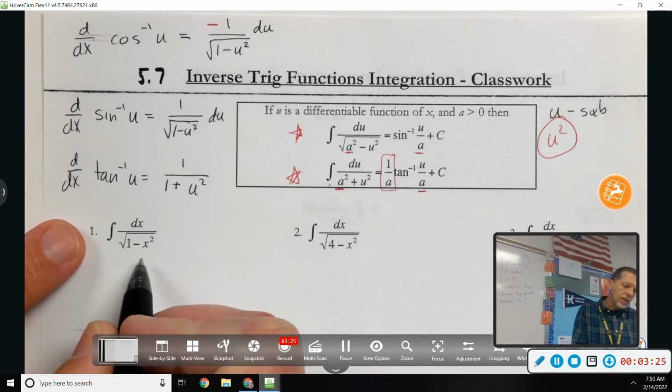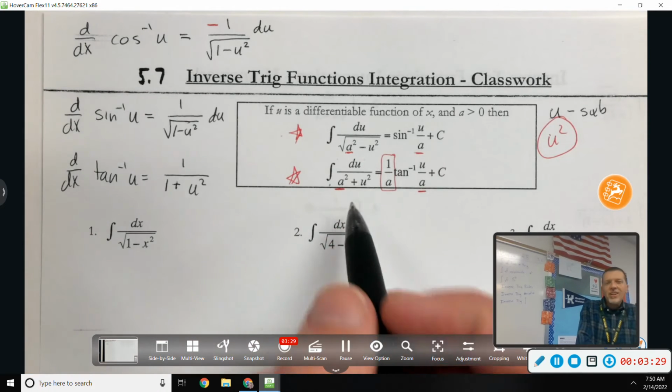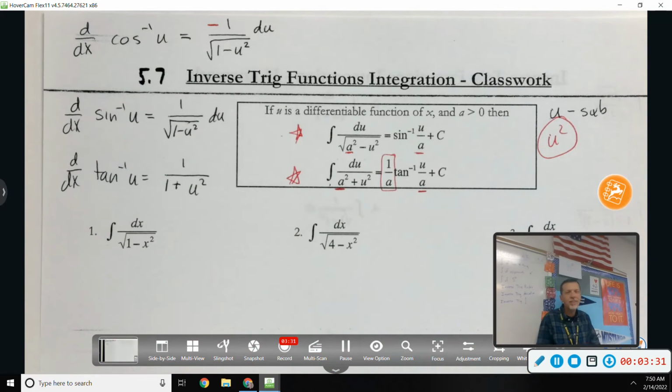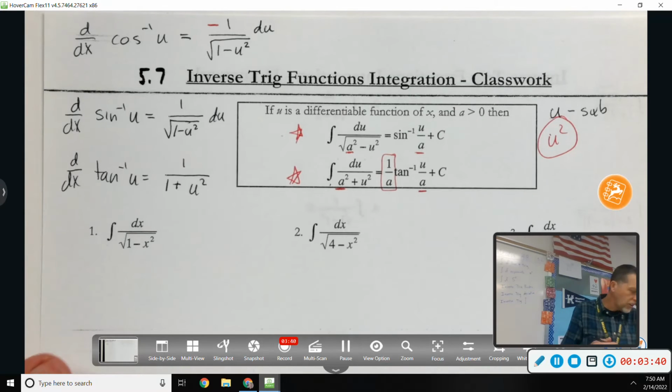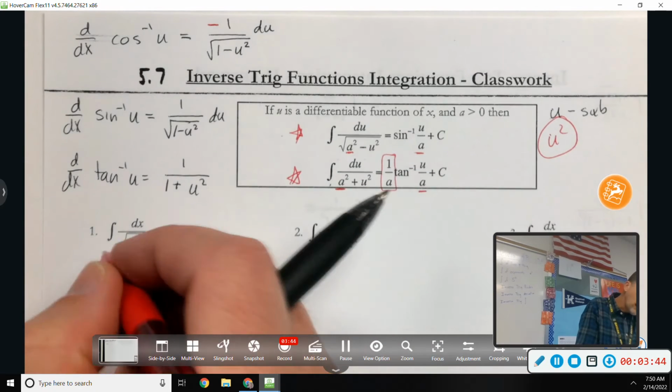So number 1, I guess the first job is to figure out which format it looks like. Before we get into u's and a's, does it look like a sine problem or a tangent problem? Sine, because there's a square root there. So I'm pretty sure it's inverse sine. And so I want to make it match.